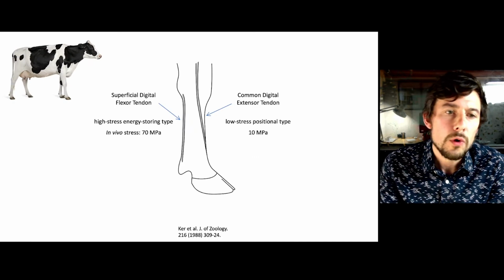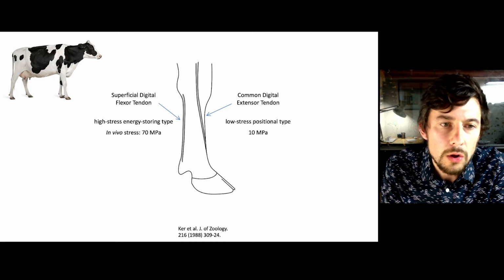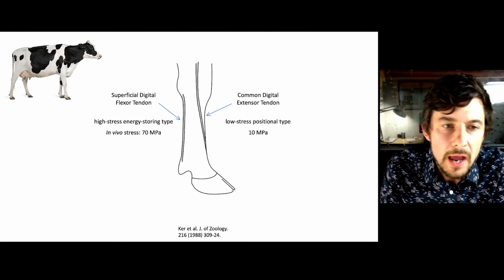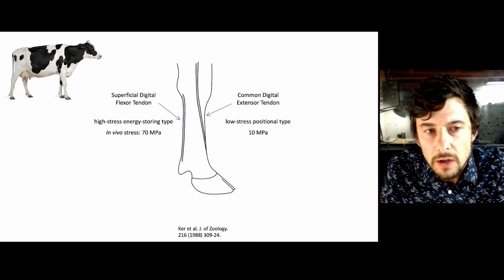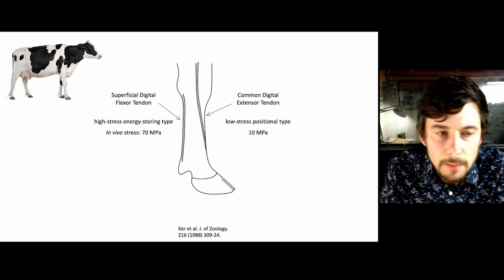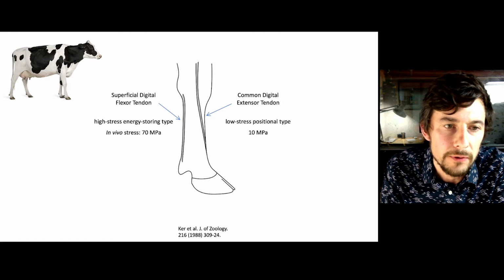So much of the work in our lab group has been investigating how collagen structure relates to mechanics. And a good bulk of our work has used a bovine forelimb model as subject matter for exploring this.